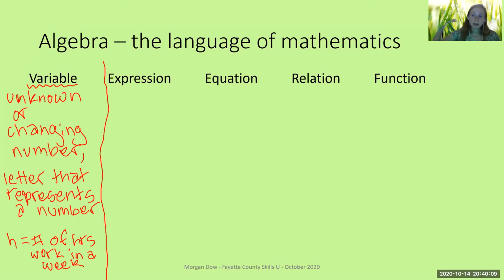A mathematical or algebraic expression is like a little mathematical phrase, or a little piece of a sentence. So an expression is a mathematical phrase that's made up of numbers, variables, and operations.